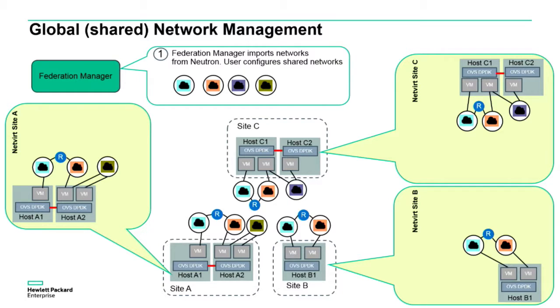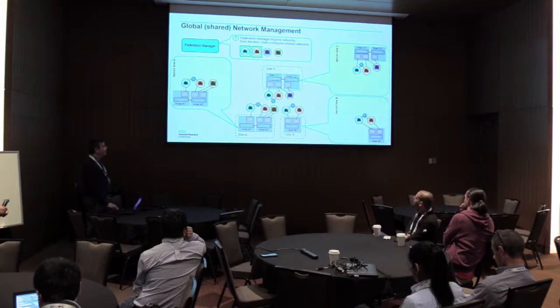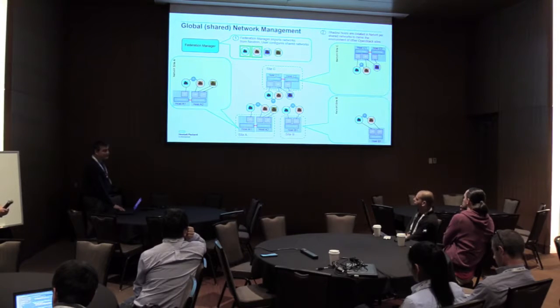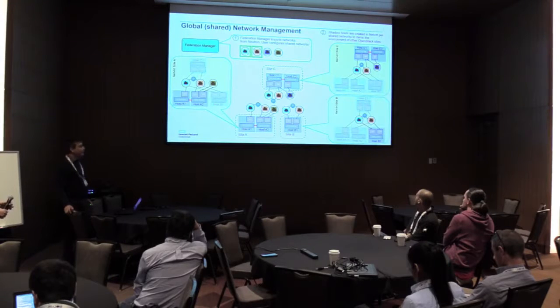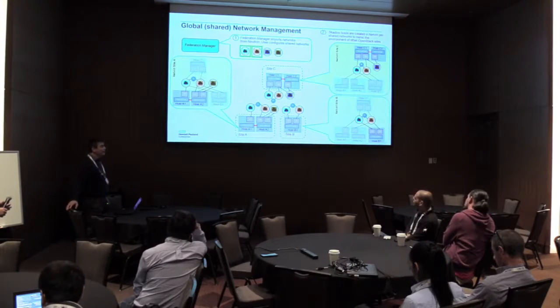What happens if you want to federate those networks, the blue and the orange, okay? We created shadow instances of those ports and the needed OVSs on the other side. We created those shadows for each one on the other side, and they register on the changes for that specific network. So if it's a new port, we'll create it for that federated network, and it will be notified to the other side, same as delete and all of that.